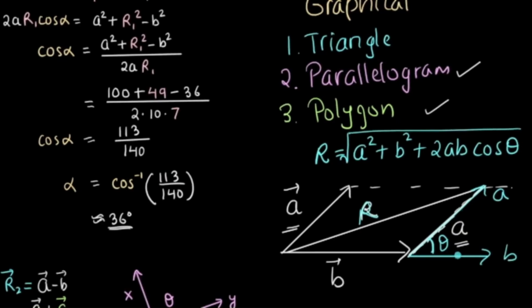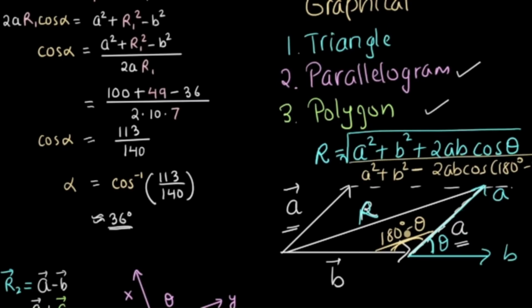If you want to use the law of cosines to determine the value of R, then you have to use this angle, which is 180 degrees minus theta. And if you use the law of cosines, here we'll have a negative sign and we'll have 2AB cosine 180 degrees minus theta. And these numbers over here will remain the same.